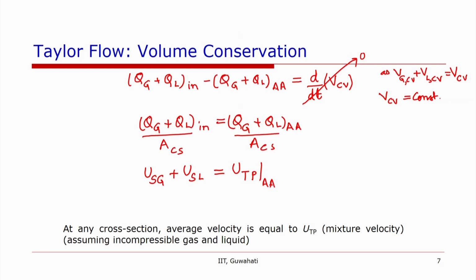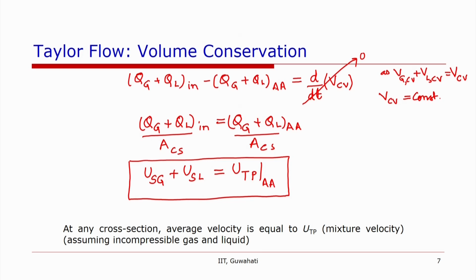So this gives an important result that at any place in the channel the two-phase velocity is equal to the sum of the gas and liquid superficial velocities. And the assumption that we have made in this derivation is that the flow is incompressible. So this is valid not only for the capillary or the slug flow or the Taylor flow, but for any other flow also.